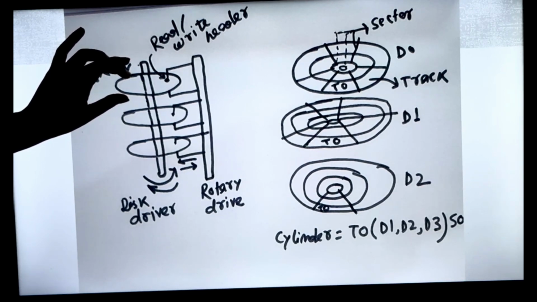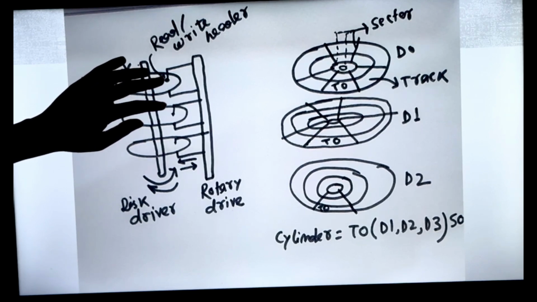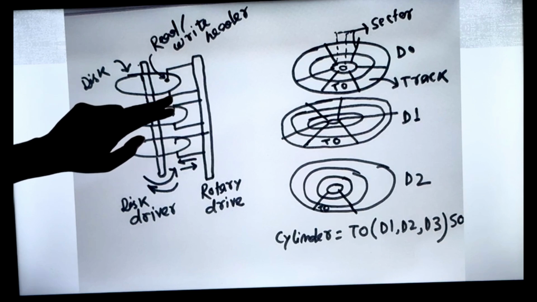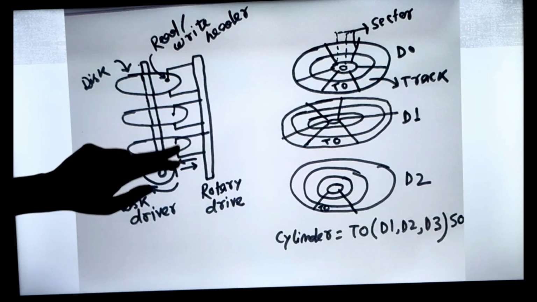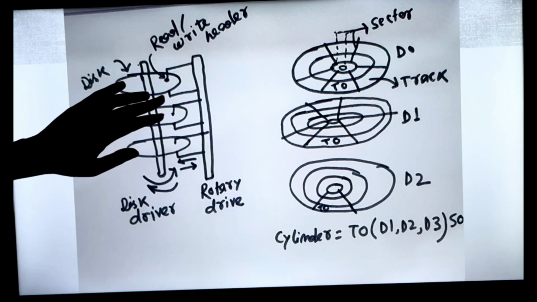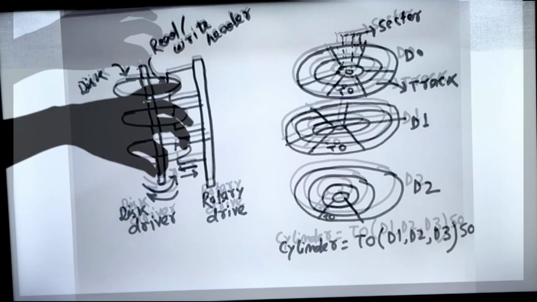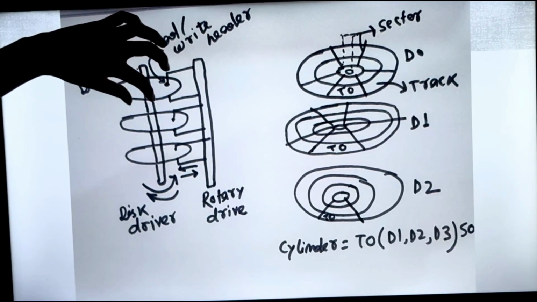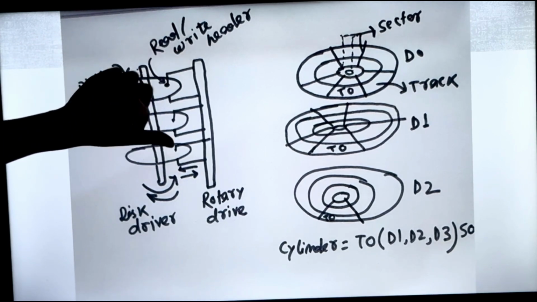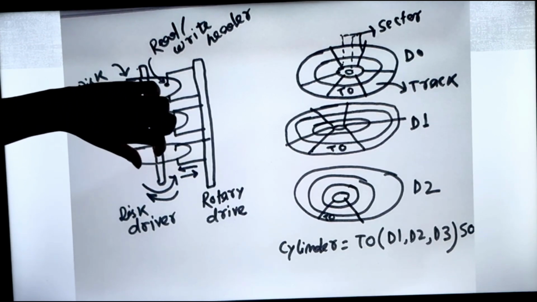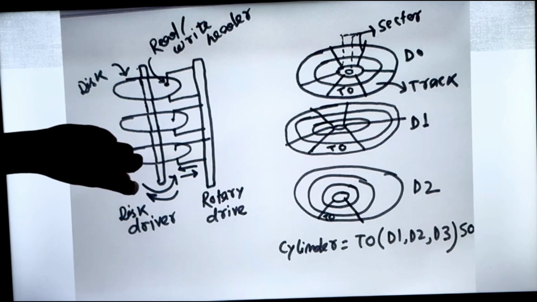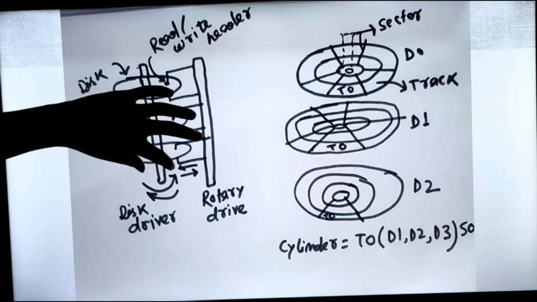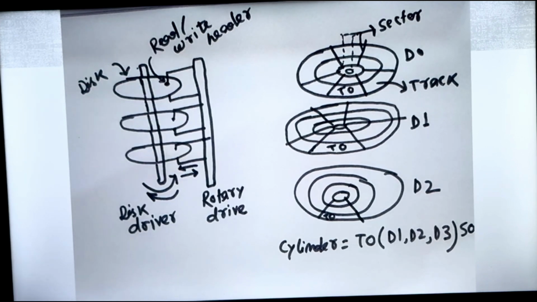We have two sides, upper side and lower side, and both sides of each disk can store some information. Now it is connected with one rotary, and this rotary can move your disk either clockwise or anti-clockwise, with the help of a disk driver. This disk driver will help you rotate clockwise or anti-clockwise.